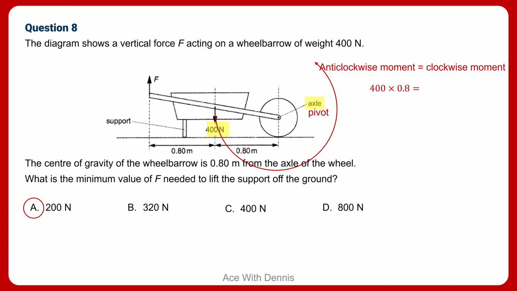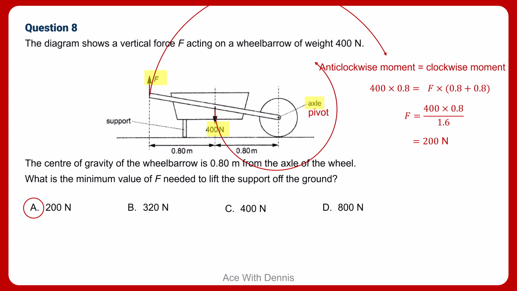Then the clockwise moment is caused by the force F, which lifts the wheelbarrow. This moment can be calculated as the force F multiplied by the distance between the force and the pivot, which is 0.8 meters plus 0.8 meters. Then the force F will be equal to 400 times 0.8 divided by 1.6, and we get 200 newtons.